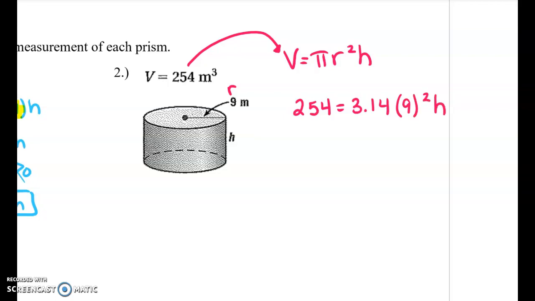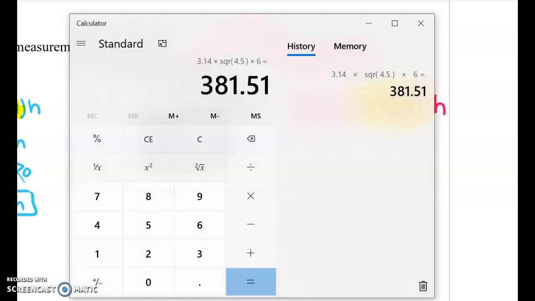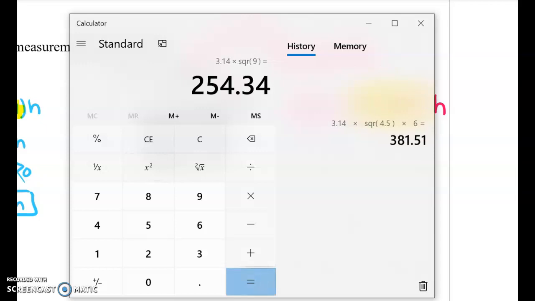So what I need to do is I have to multiply 3.14 times 9 squared and then divide it to the other side. So if I look here in my calculator, clear all this out, 3.14 times 9, and remember this is my squared button, gives me 254.34.